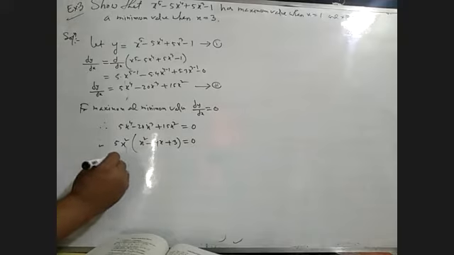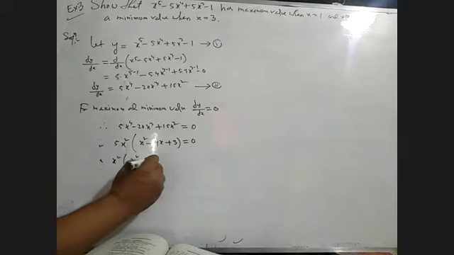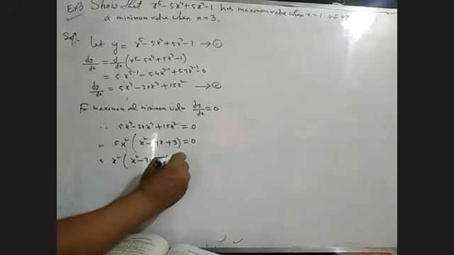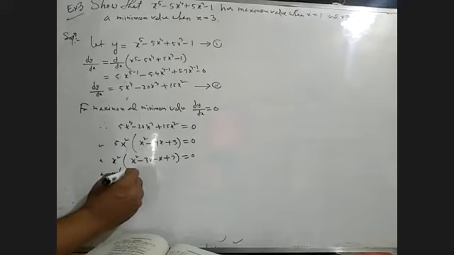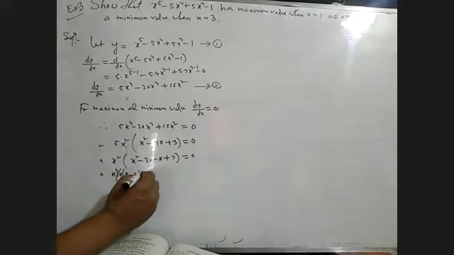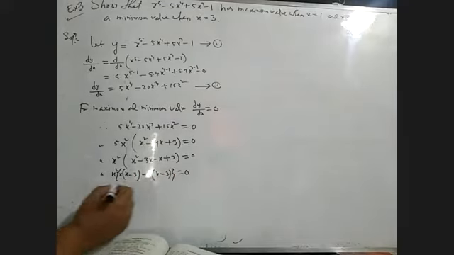So we get x square, splitting the middle term, x will be common: x into (x minus 3) minus 1 common (x minus 3) equals 0.